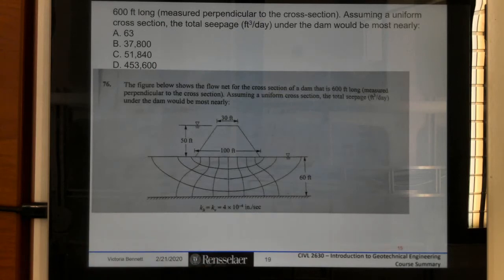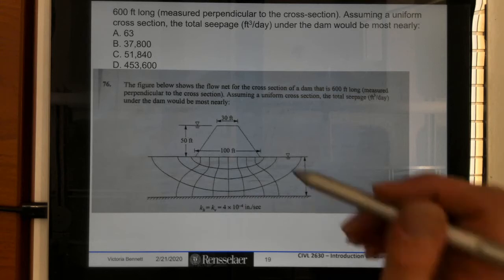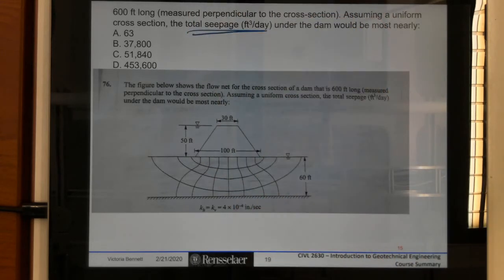The question here would be making use of a completed flow net to be able to answer these kinds of questions about total seepage under the dam. So this is the case where I say be careful what they are asking in a particular problem.